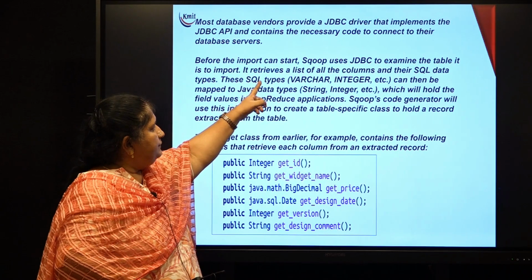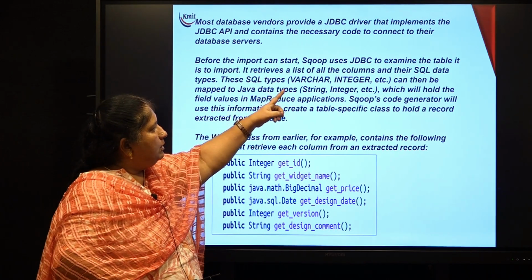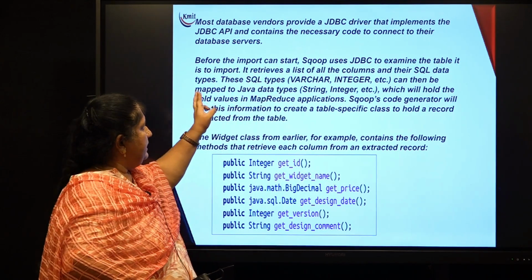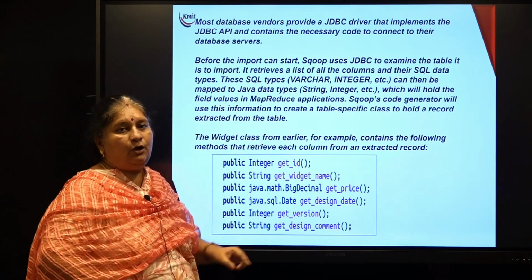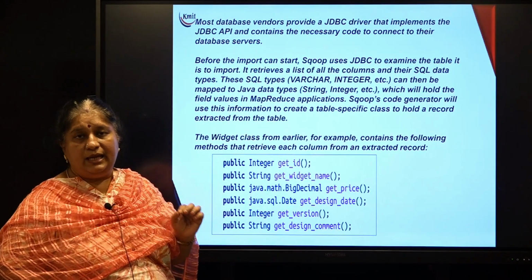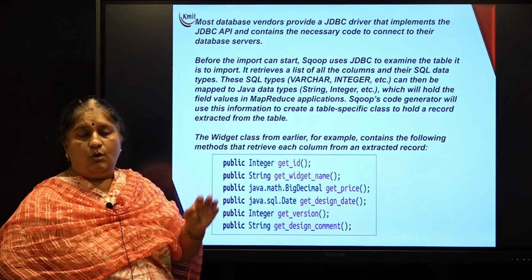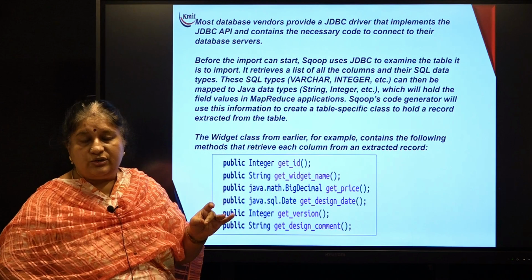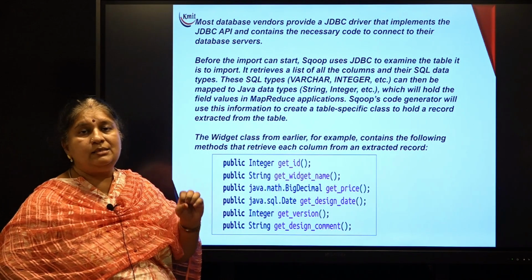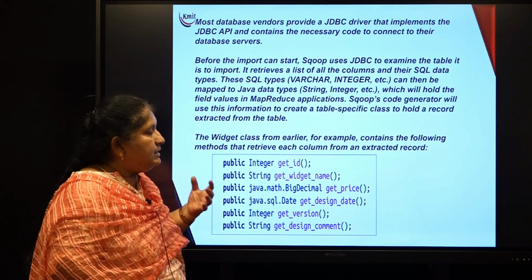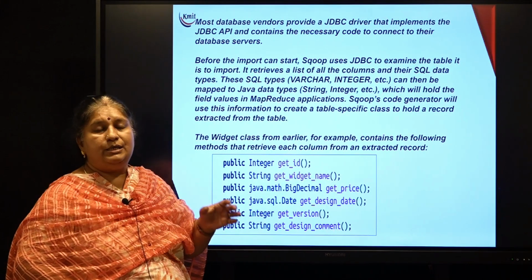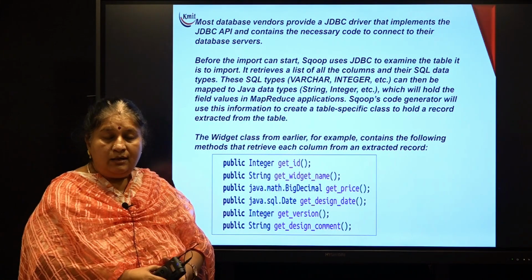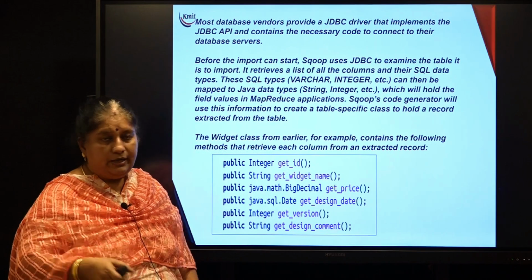It retrieves a list of all the columns and their SQL data types. So first it will observe the metadata of the table it has to import. What are the field names, what is their data type, what are the constraints on them, all that metadata is observed.